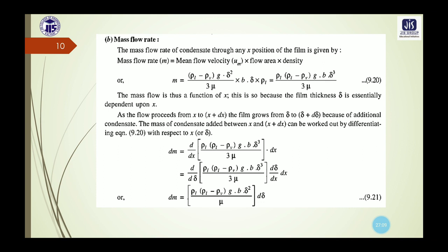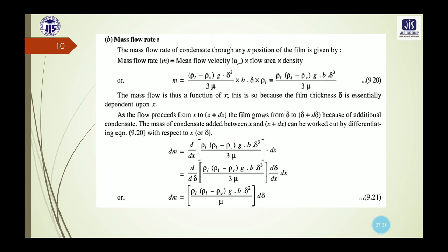So we get this expression: dm equals d/dx of rho l into (rho l minus rho v) g b delta cubed divided by 3 mu, into dx. That is, we have entered the expression of the mass flow rate from equation number 9.20 here.